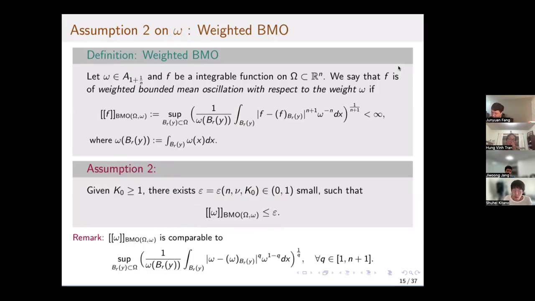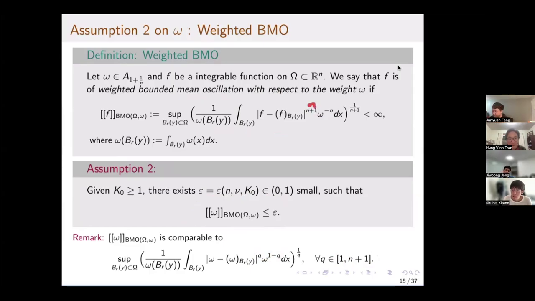There's a remark on why we call this weighted mean oscillation. In Muckenhoupt's paper, he claimed that for this quantity, where the power here is n plus 1 and negative n, you can generalize to q and 1 minus q, and every q between 1 and n plus 1 gives comparable quantities.